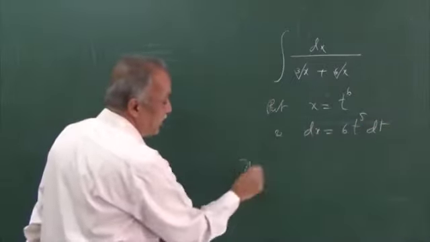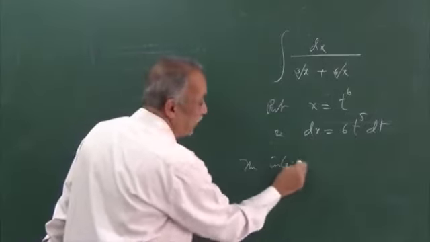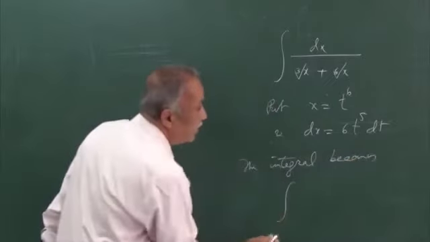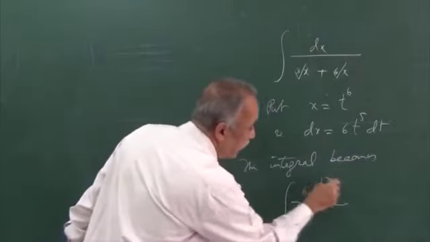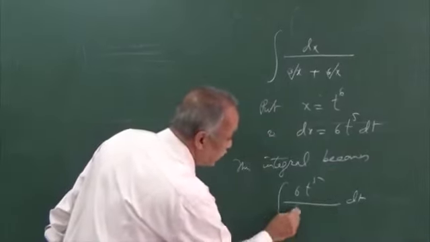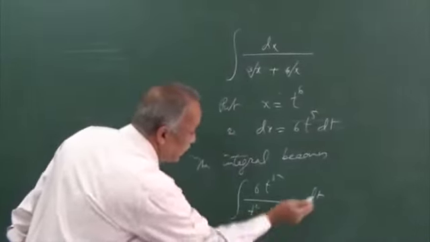The integral will take the form dx is 6 t to the power 5 dt, denominator cube root of x is t square, sixth root of x is t.